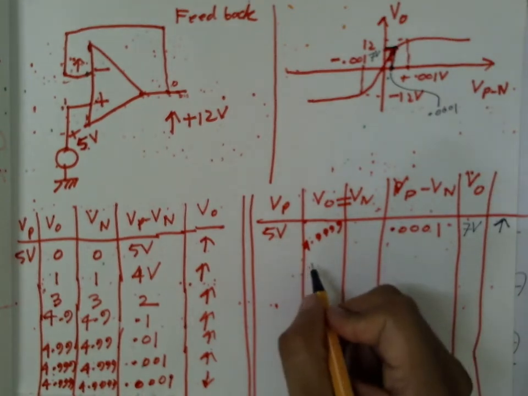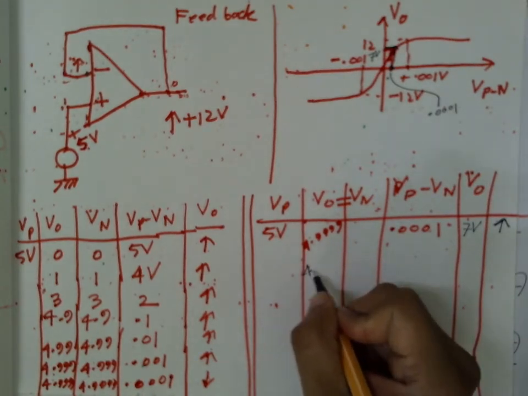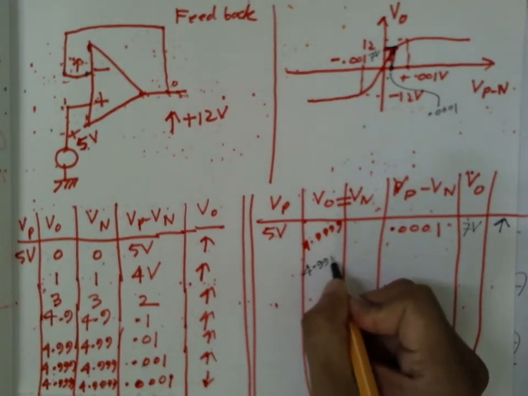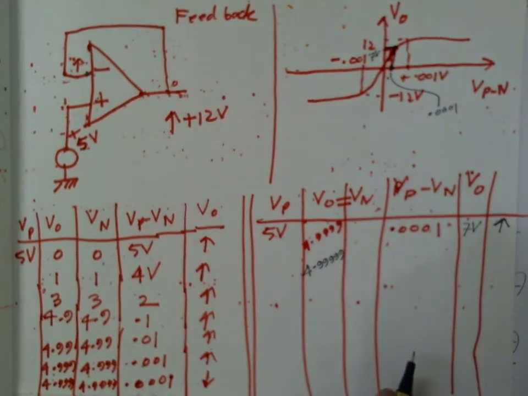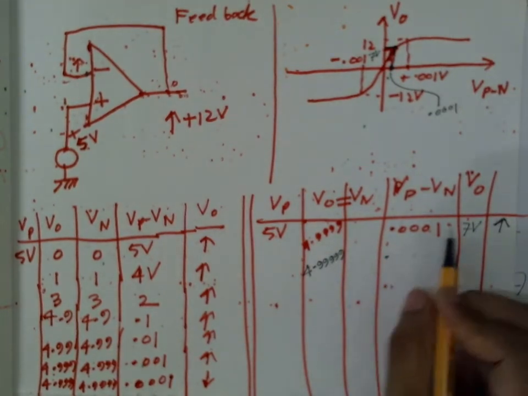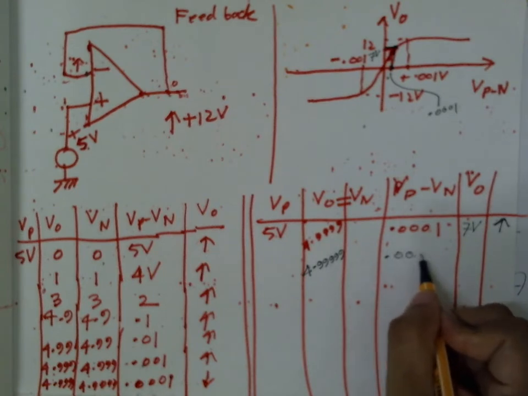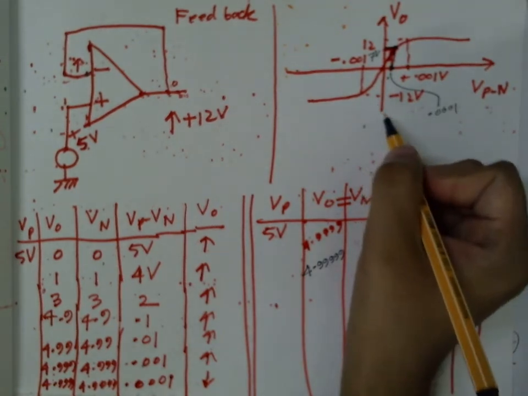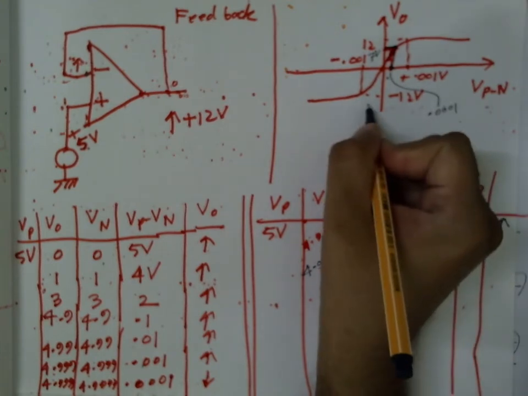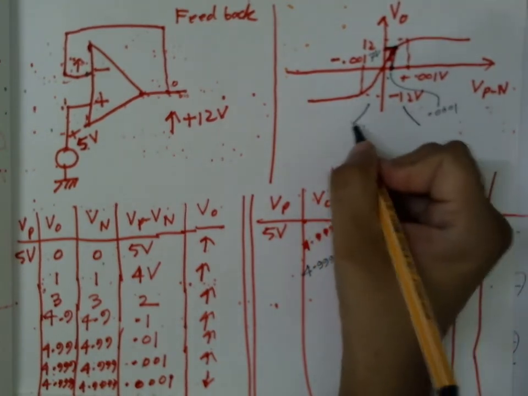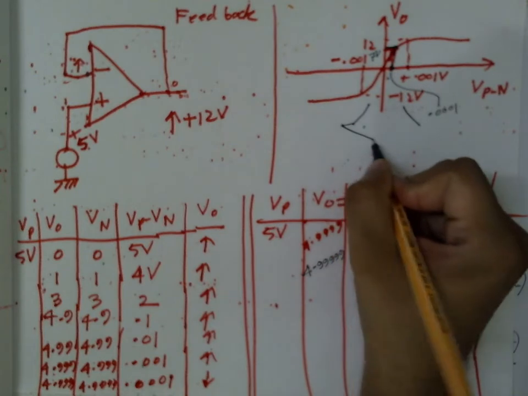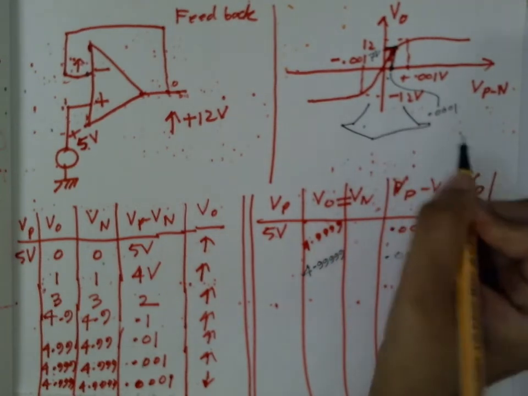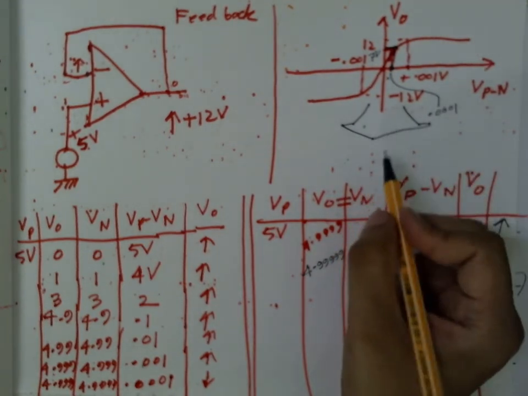So let me try with the guess that 4.9999 0.9999959. So here I will see 0.00001. This is the gap between Vp and Vn, and let me zoom it in. Let me zoom in this part of this characteristic curve.